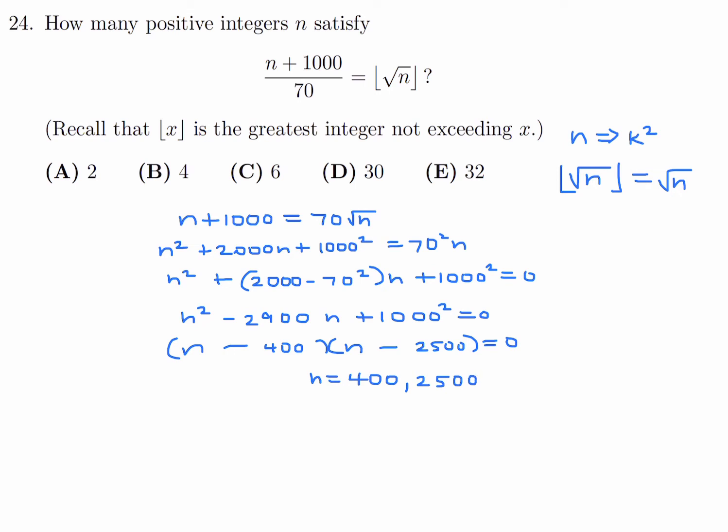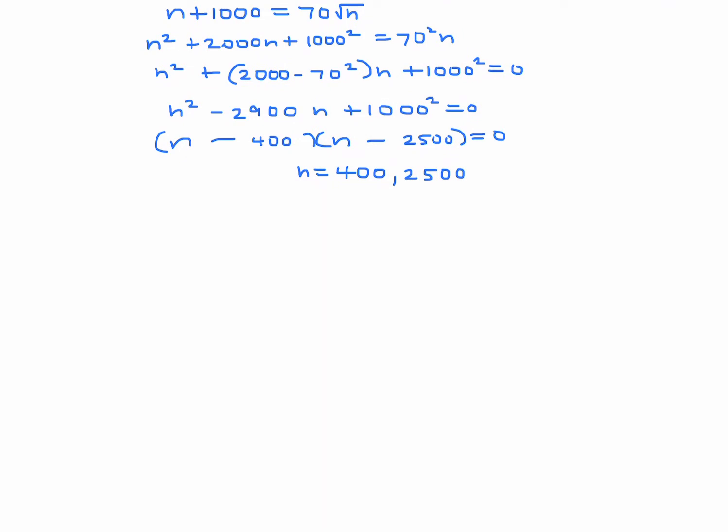Great. Now, what if n is not a perfect square? What if n is not simply k squared, but there's some additional number?